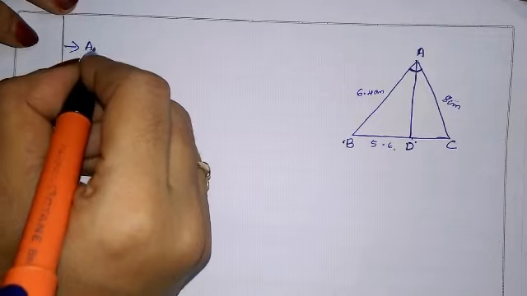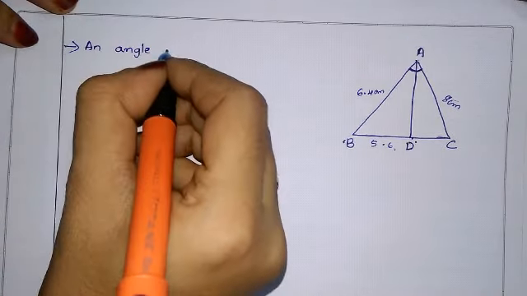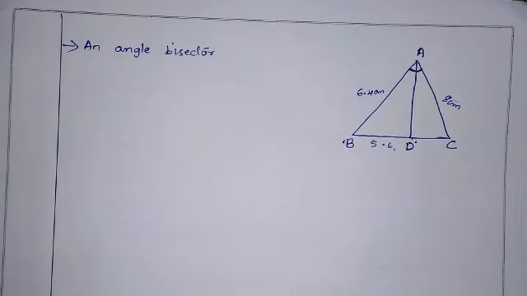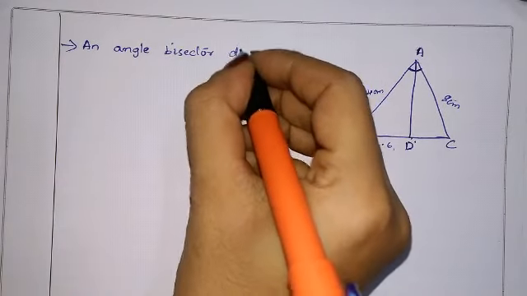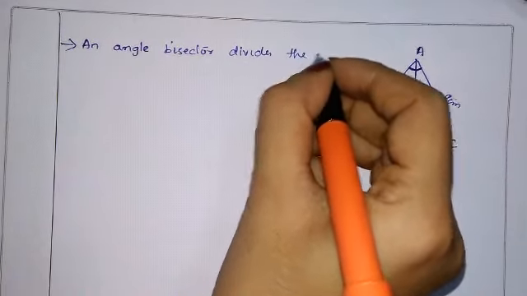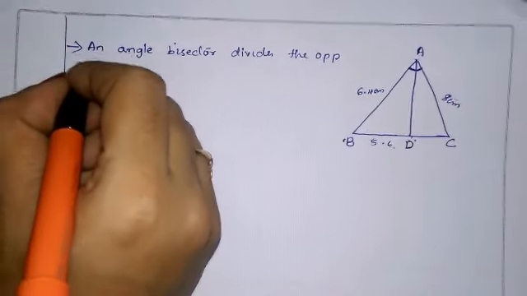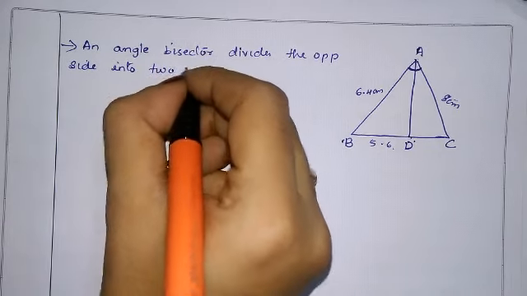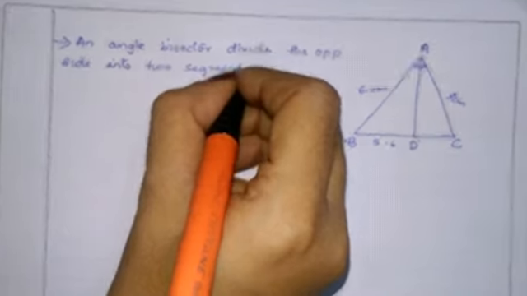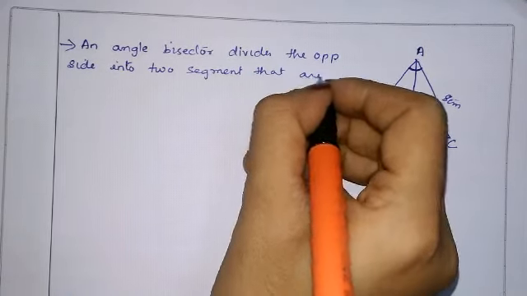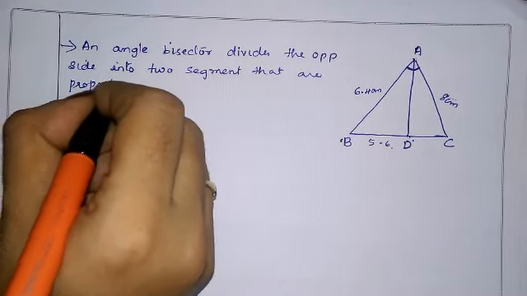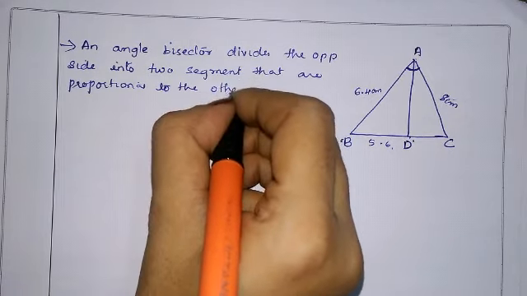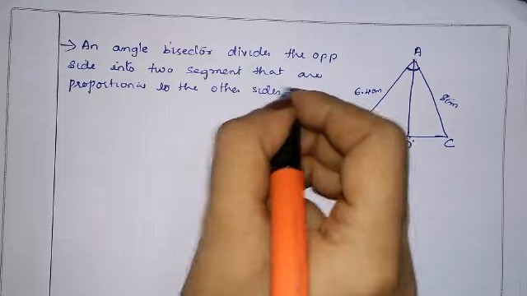An angle bisector, you should know this, okay, an angle bisector divides the opposite side into two segments that are proportional to the other sides of the triangle.